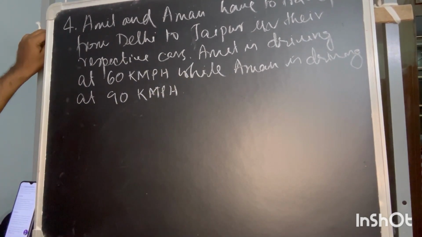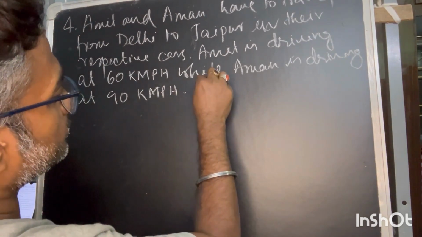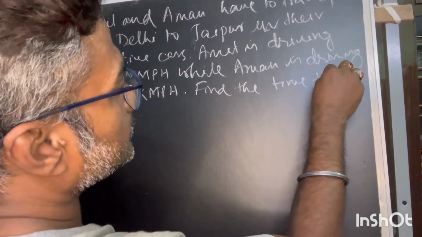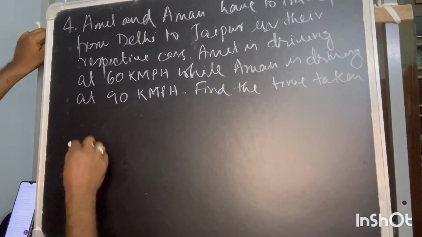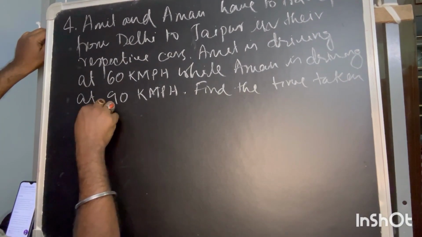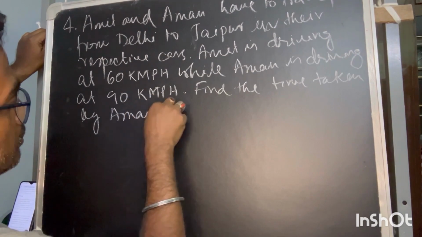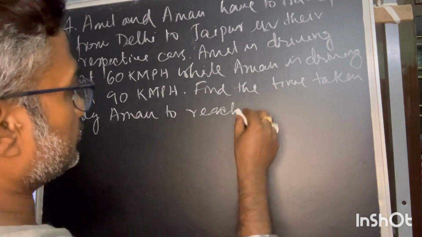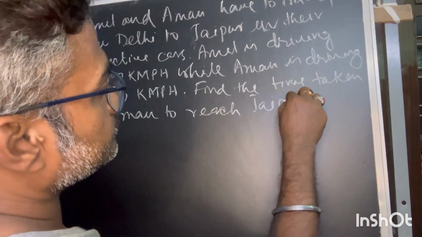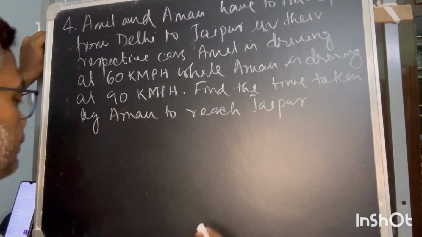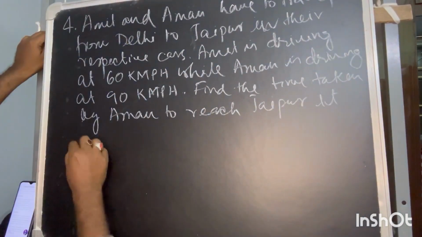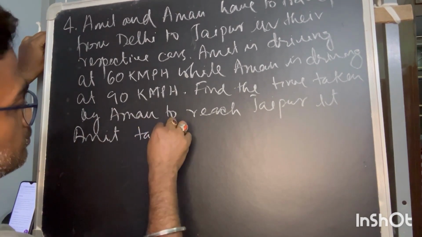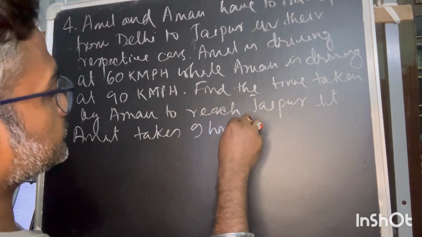Find the time taken by Aman to reach Jaipur if Amit takes 9 hours.